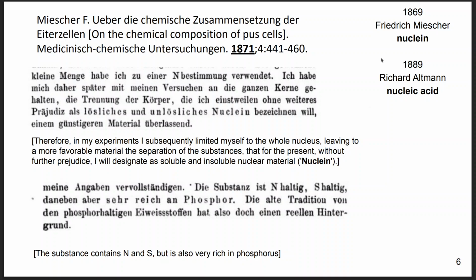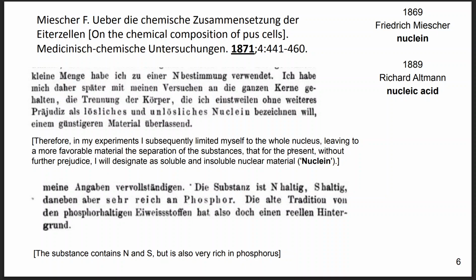Twenty years later, his PhD student renamed this substance nucleic acid, because he apparently spotted acidic features of this substance. So we had the term nucleic acid from roughly 1889, and we didn't know the difference between DNA and RNA.